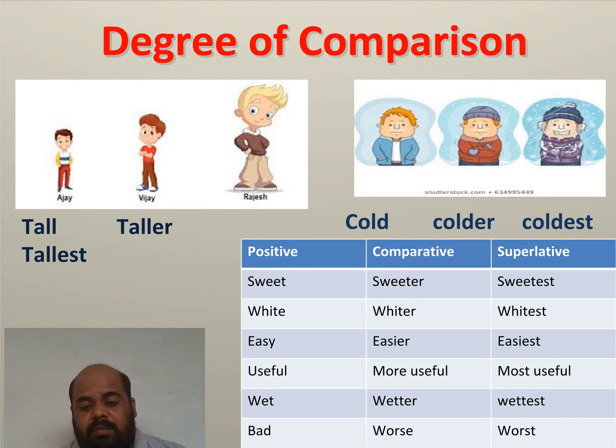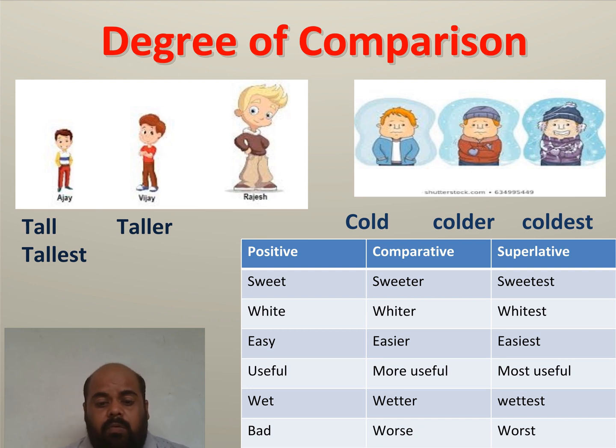If it is positive, the comparative form is sweeter, and the superlative form is sweetest. So the positive is sweet, and when we add er it becomes comparative, and when we add est it becomes sweetest, the superlative.